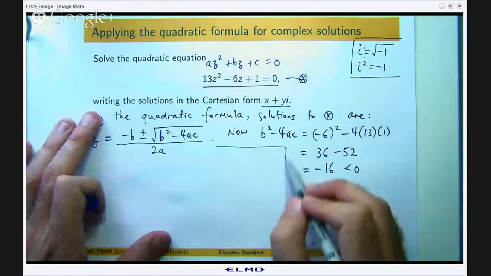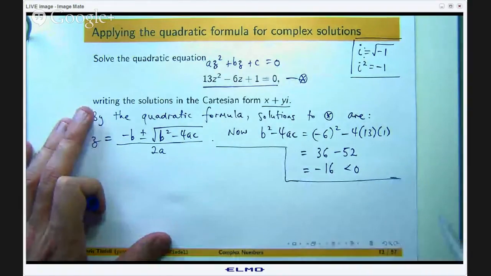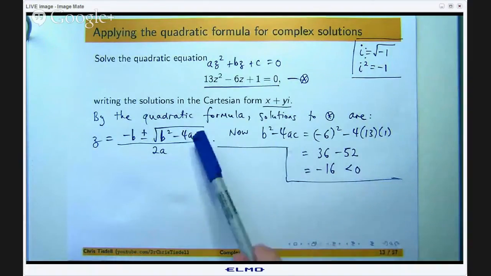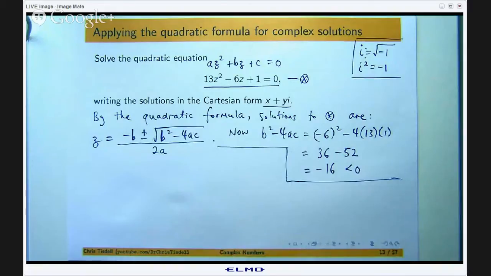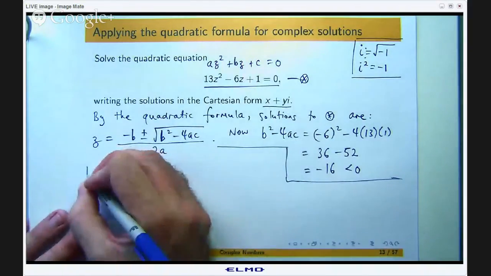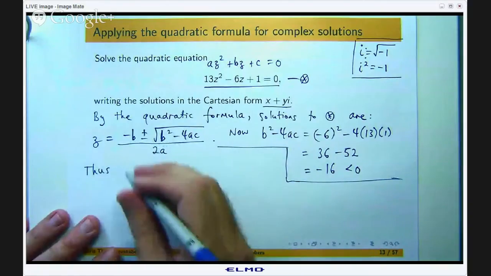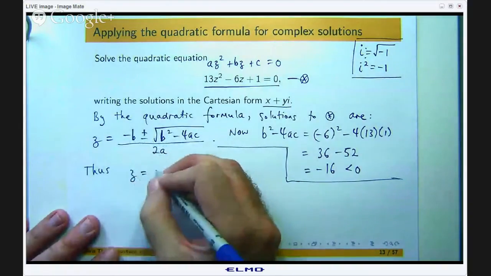Okay. Now, at school, you'd be told, well, this problem doesn't have a solution because b squared minus 4ac is negative, and you can't take the square root of a negative number. But with complex numbers, we can take the square roots of negative numbers. So if we're looking for complex solutions, we can definitely apply this formula here. Okay, so I can replace what's in here with -16, and then I should be able to simplify.